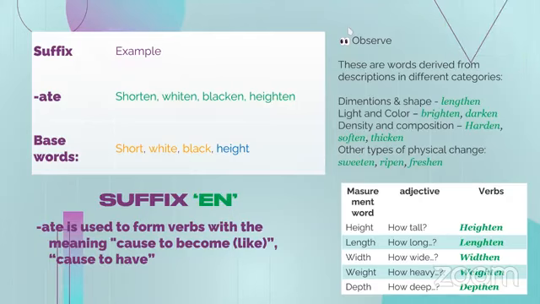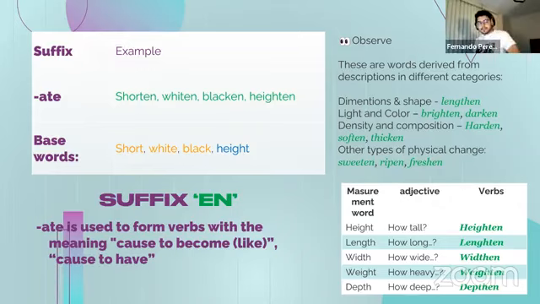Lengthen. Okay, dimension and shape. Lengthen. Light and color. Brighten. Darken. Density and composition. Harden. Soften. Other types of physical change.